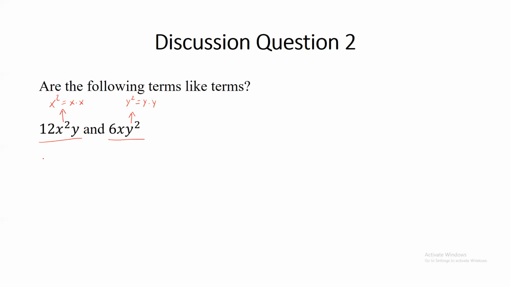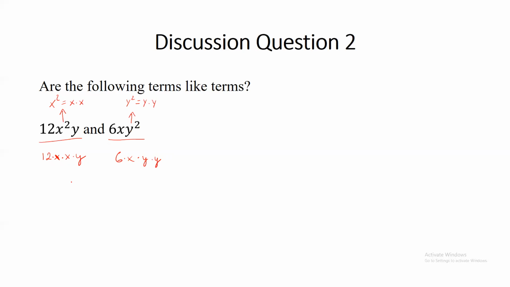So if we think about what we really have, 12x²y is x times x times y, and 6xy² is x times y times y.